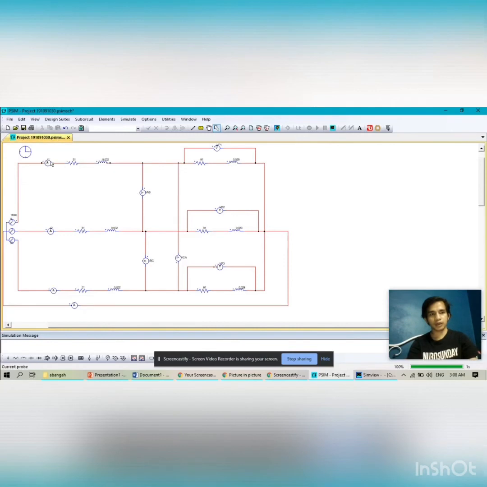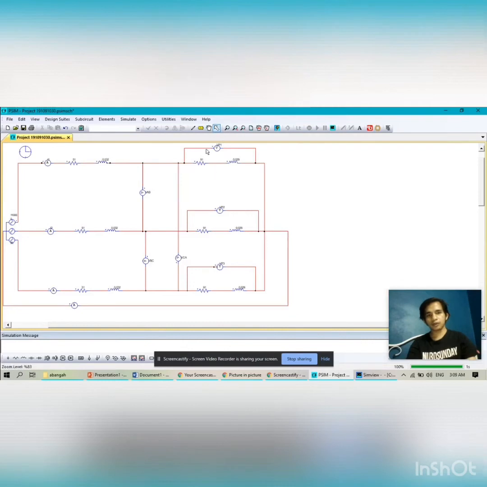For measuring the current at the line, we use an ammeter and put it at line 1, line 2 and line 3. For measuring the voltage at the line, we put the voltmeter between line 1 and line 2 and between line 2 and line 3.